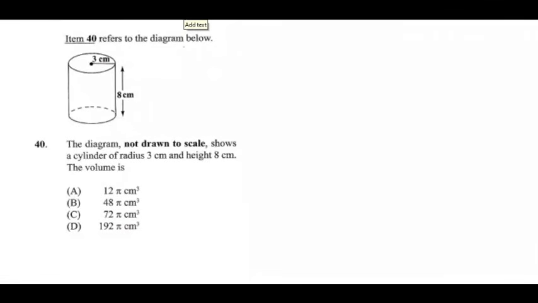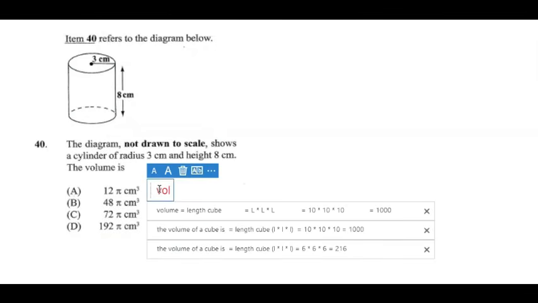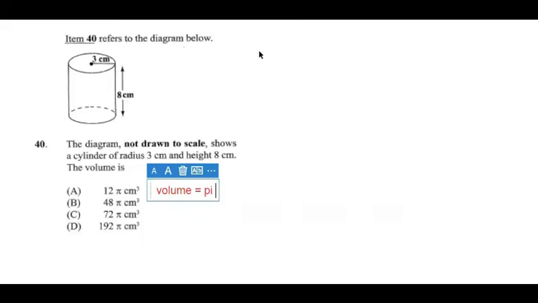So 40, the diagram not drawn to scale shows a cylinder of radius 3 centimeters and height 8 centimeters. The volume is, so volume of a cylinder is equal to pi multiplied by r squared multiplied by height. So therefore volume is equal to pi multiplied by r squared, which is 3 squared, multiplied by a height of 8.